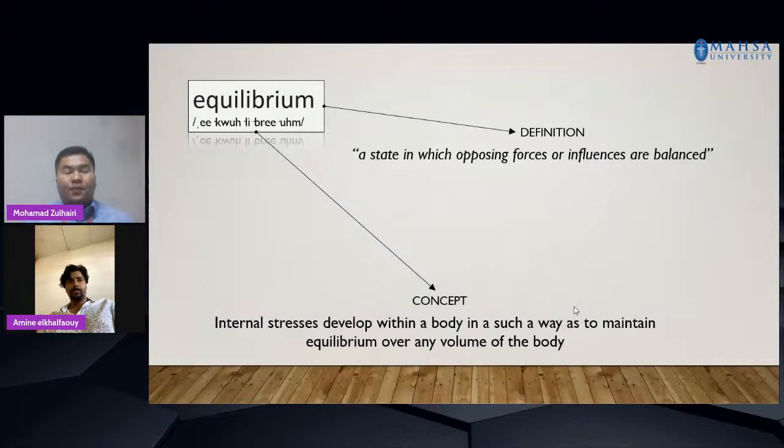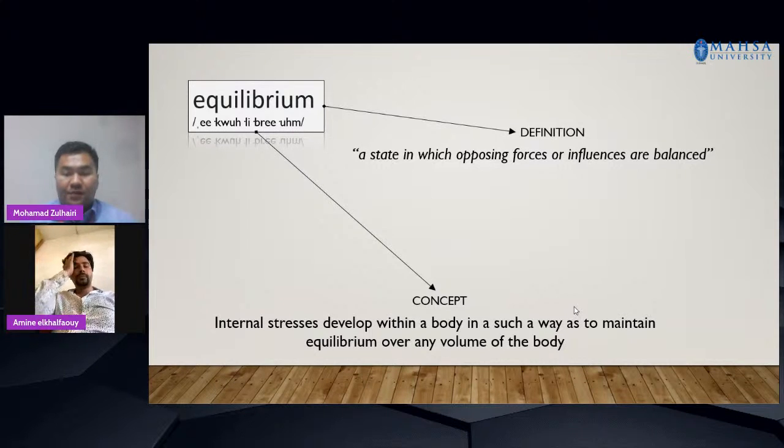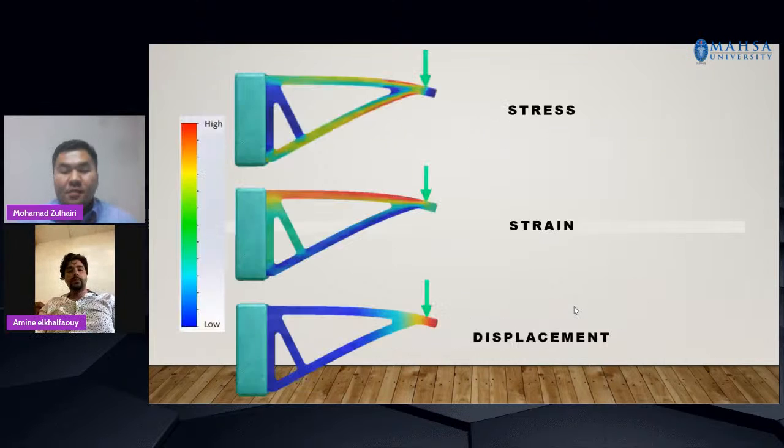To make it equilibrium, you balance the forces that come from both directions. In finite element analysis, we use the equilibrium concept, where the internal stress that develops within a body maintains the equilibrium over any volume of the body, which means that in the bracket, all the forces are in equilibrium.